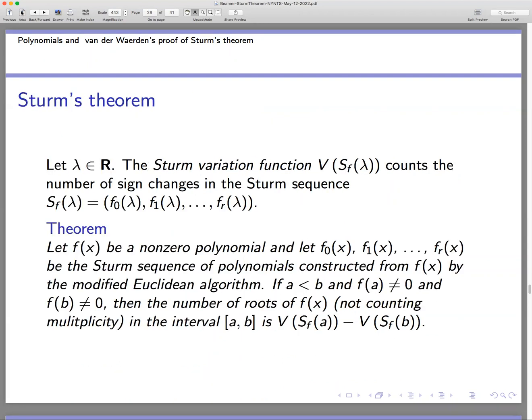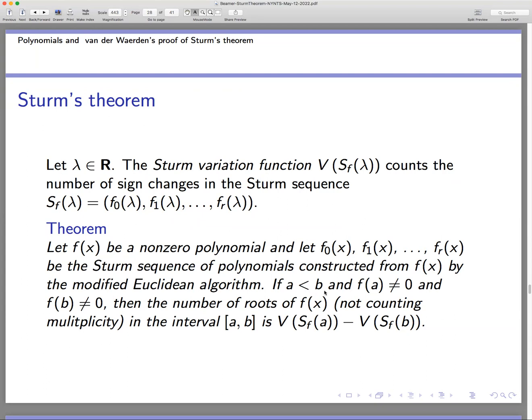And the Sturm variation function counts the number of sign changes in this sequence at any point lambda. So f0 is the function f, f1 is its derivative, and fr is the greatest common divisor of f0 and f1.